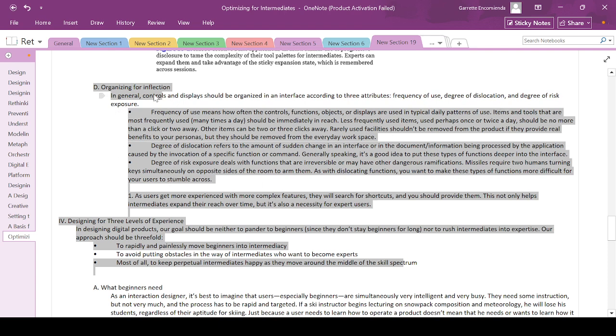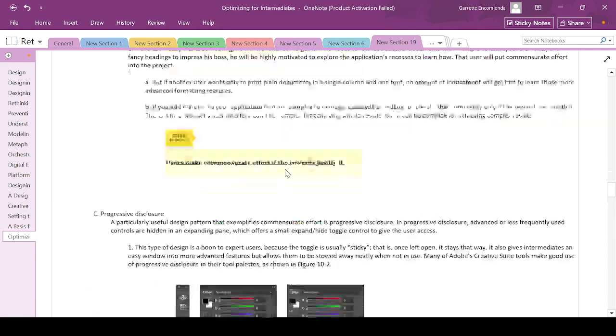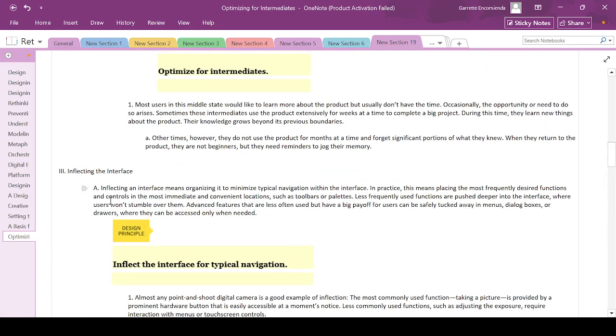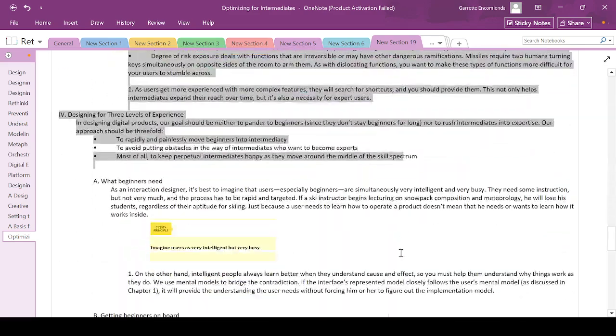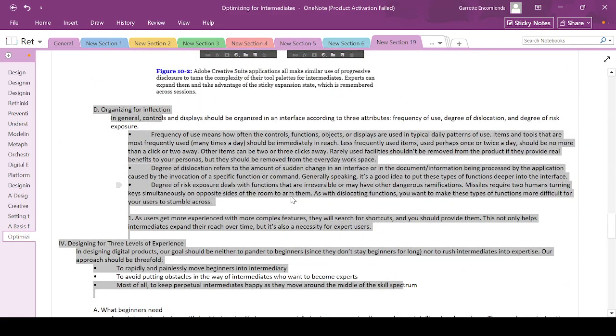So this organization for inflection, or organizing to minimize difficult navigation in the interface, has three principles, which we discussed a lot in the previous videos. The frequency of use is how often the controls, functions, and objects or displays are used in the typical daily patterns of use of intermediate users.